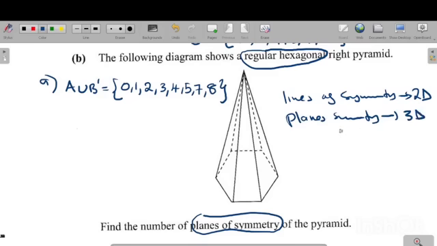Okay, so since they have said this is a regular hexagonal right pyramid, because it's a regular object, it means that the number of sides of this pyramid is equal to the number of lines of symmetry.